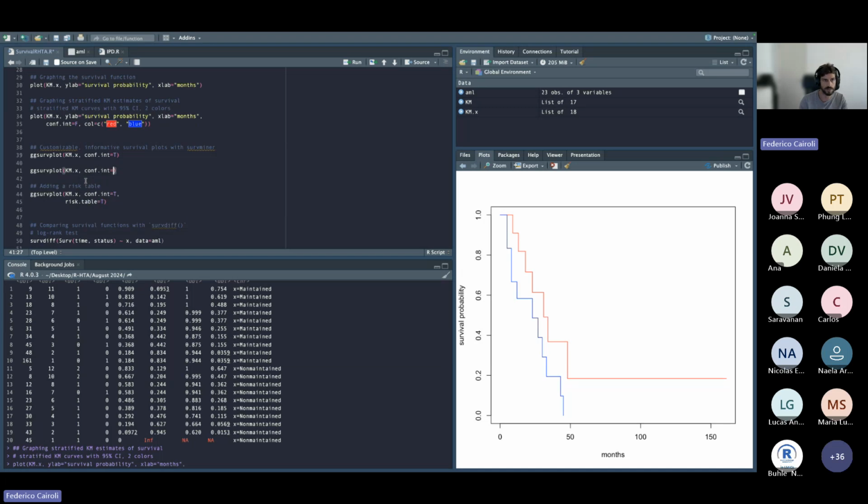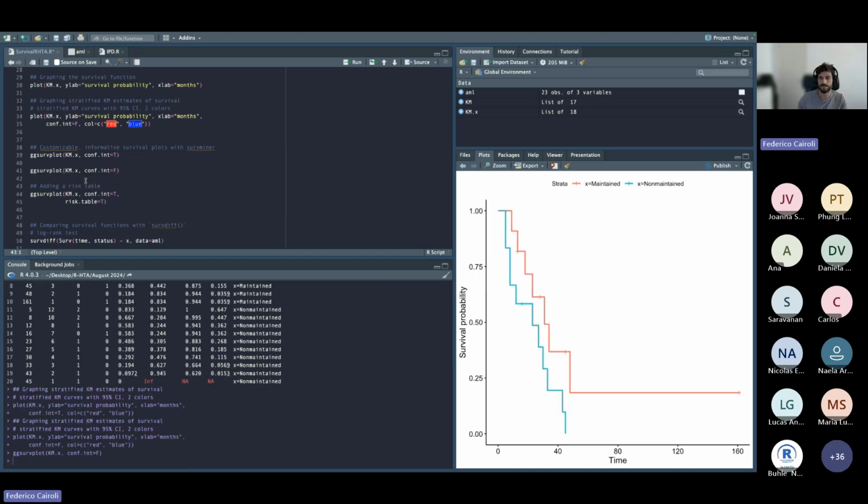We are going to start with false, and we are going to run this. You can see that, first of all, it is cooler, and then we can see here not only the events, the drops, but also the censoring data.